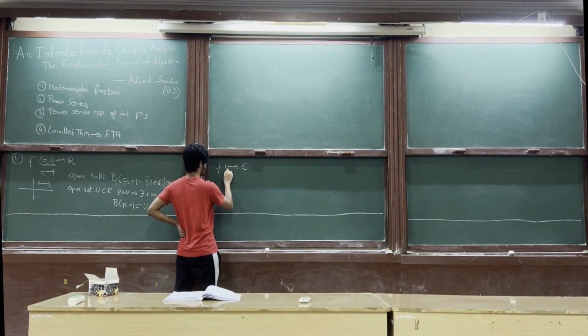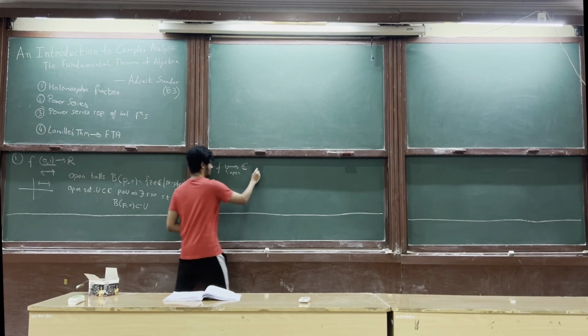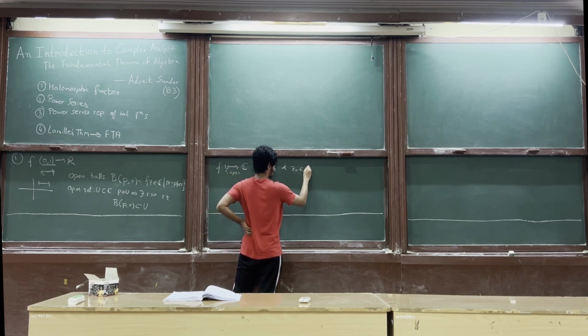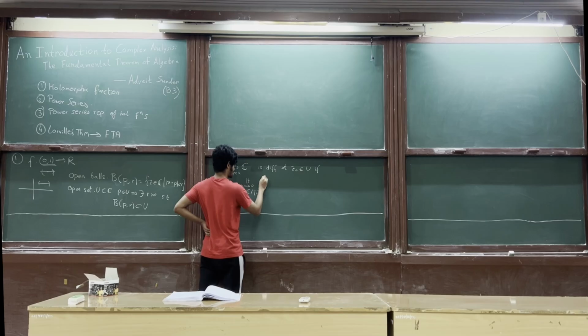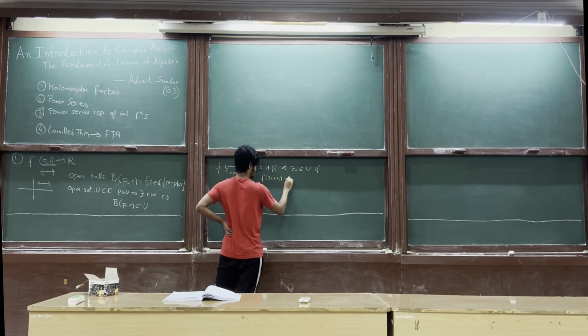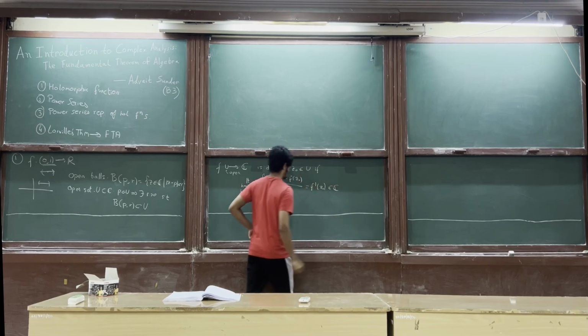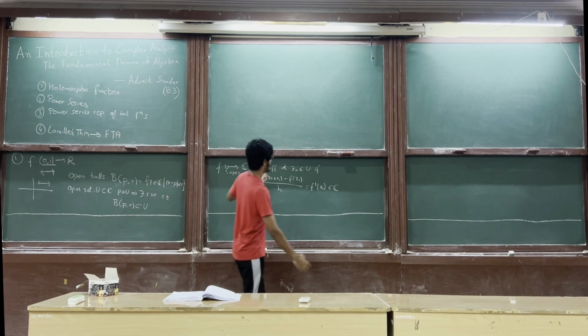Suppose you have a function f from some open set U to C. We say that f is differentiable at some point z0 in U if the following limit exists, which we denote by f'(z0). This is what we mean when we say a complex function is differentiable. Right?